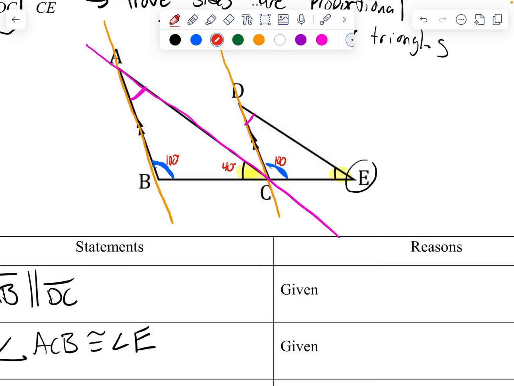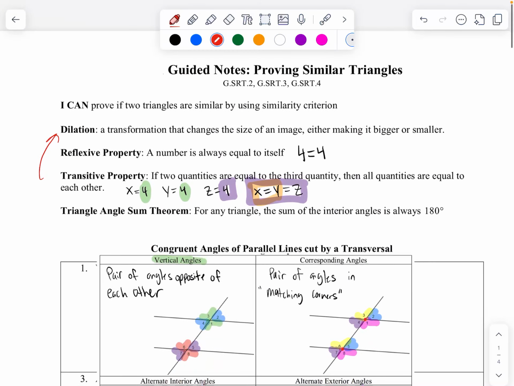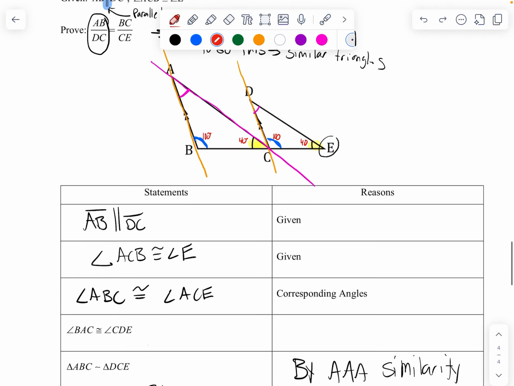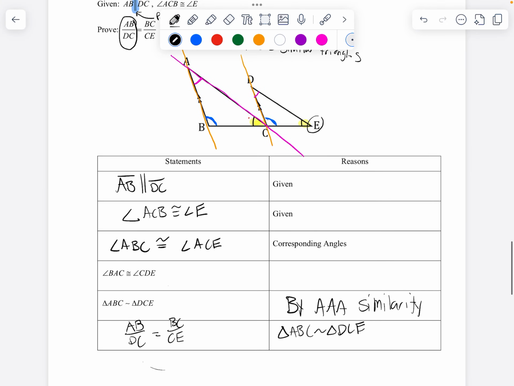And we know those are congruent, so couldn't you just use your triangle interior angle sum theorem? Because you know all angles in a triangle add up to 180. I don't know what those exact angles are, and I don't need to know. All I know is that I can find that third angle and it's guaranteed to be the same because we know 2 of the 3 match, right? So angle BAC and CDE are congruent by your triangle angle sum theorem.